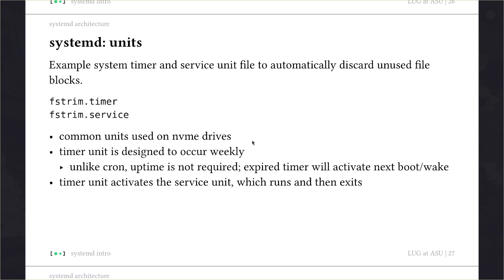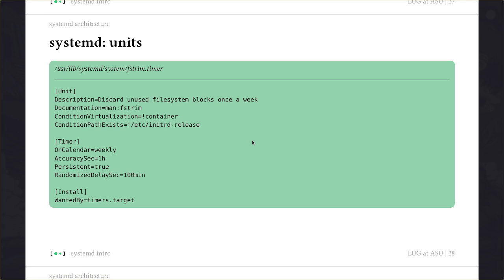So to see what this example looks like as a unit file, oh, that looks so much different. That was supposed to be the systemd green. That's not the systemd green. Here's the timer, and this is a pretty simple description, right? It says on calendar weekly, accuracy seconds 1H, and then it says to run, where is it?